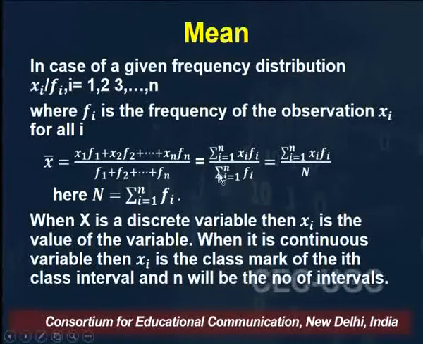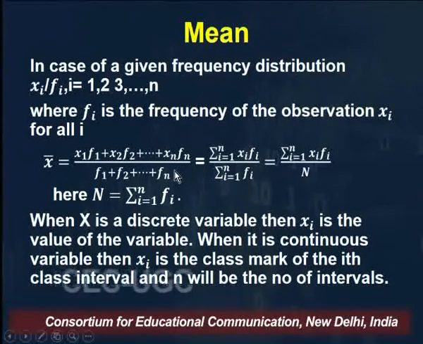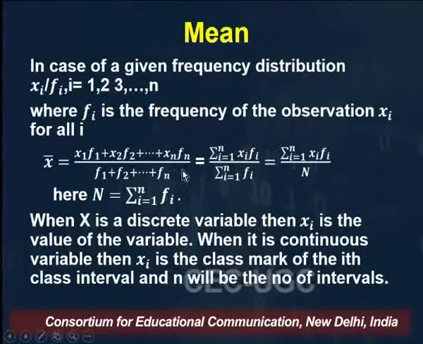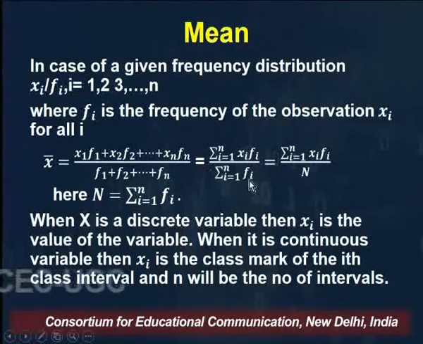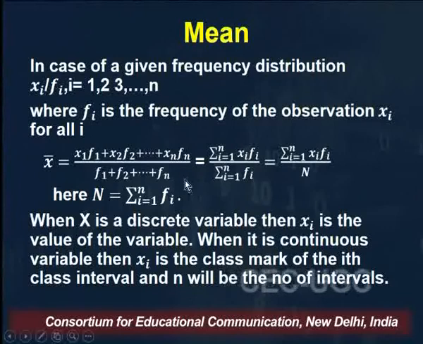This connection should be very clear. You have to get used to this notation, as we will use it very often in statistics in the advanced lectures: how to write a sum in terms of summation, and how to expand the summation to get the expression. These two should be very clear.